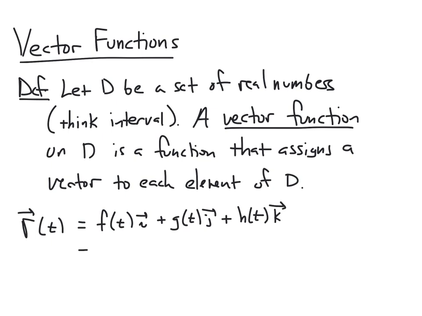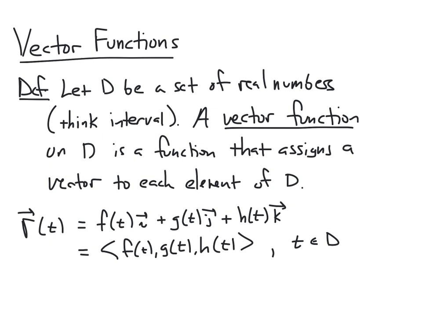And we could also write this in component form as the vector f of t, g of t, h of t. Right? And in either of these cases, we want t to range over all of the set D. And if D is an interval, then we want t to range from the left endpoint of the interval up to the right endpoint.